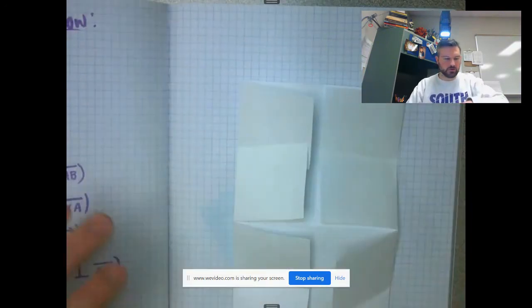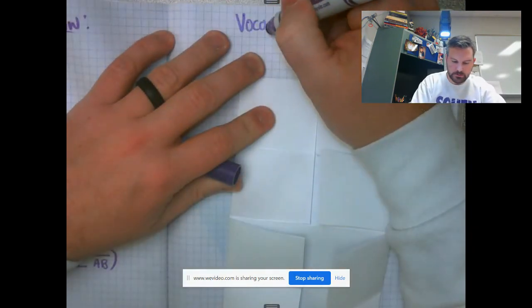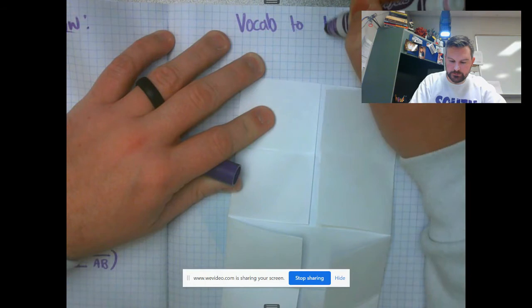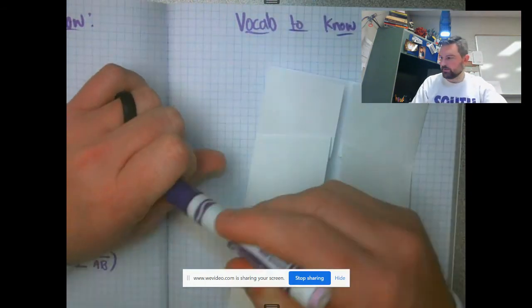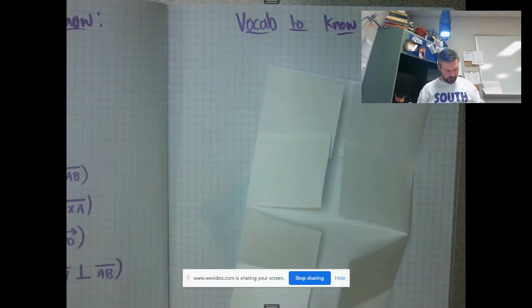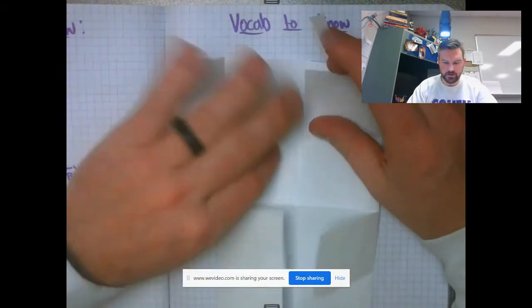Okay, so we're going to call this vocab to know. We've already gone over some vocab, but we're going to add to this a little bit. And what we're going to do is take this and tape it in. You could tape it in now or later, whatever you want to do.